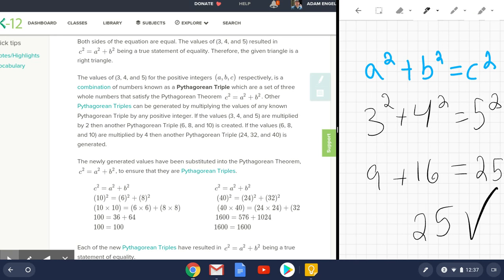Other Pythagorean triples can be generated by multiplying the values of any known Pythagorean triple by any positive integer. If the Pythagorean triple 3, 4, and 5 is multiplied by 2, then another Pythagorean triple, 6, 8, and 10, is created.